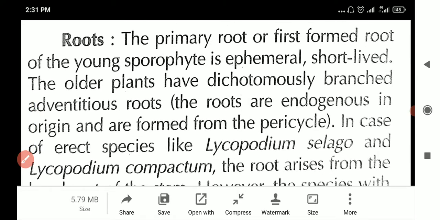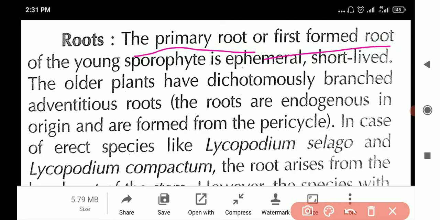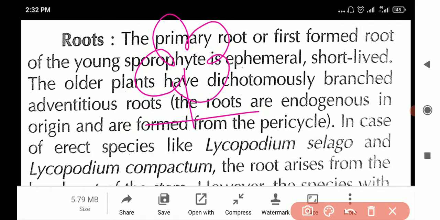So now let us look at the root. If you cut the TS of the root, when we do the practicals, we will observe the roots in this way. The primary root, or the first formed root of the young sporophyte, is ephemeral. Ephemeral means it will live just for a short time. Just like the taproot of the plants. Just imagine that this is a rose flower. Oh, my rose looks bad.